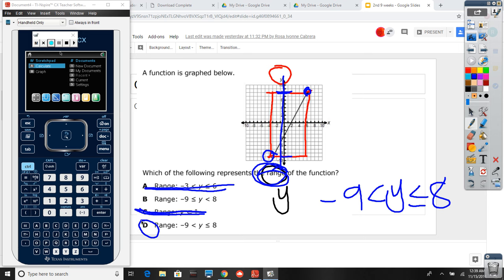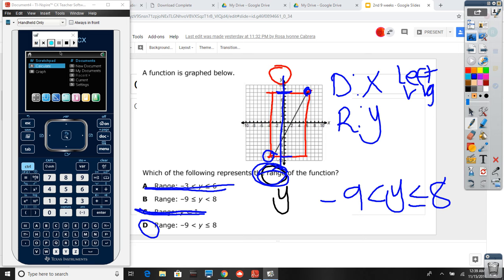Domain and range problems are not that difficult, especially after you draw your box. That just makes it a lot easier to see where you're going from. Things to remember from this: domain is x, range is y. When you look at the domain, you're going from left to right.